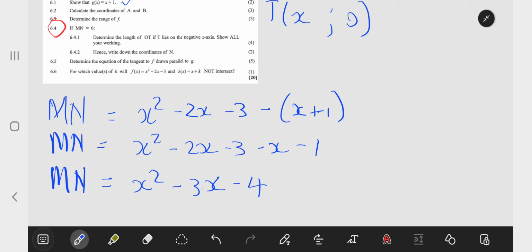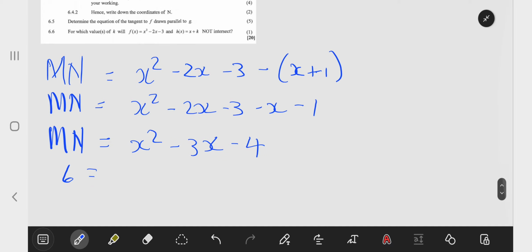So now our distance MN, right? Looking here, we would have wanted the maximum, then differentiate, equate to 0 and solve for x, right? But now it's not about maximum and minimum. They gave us the distance here, they said 6. So for MN we will put 6. So 6 is equal to x squared minus 3x minus 4, right?